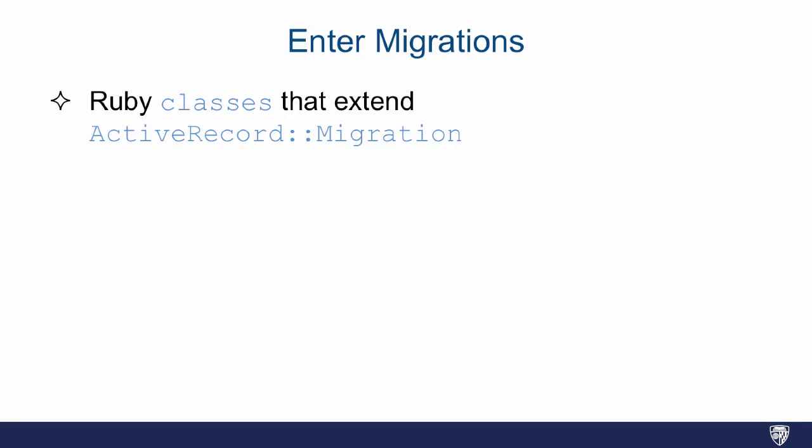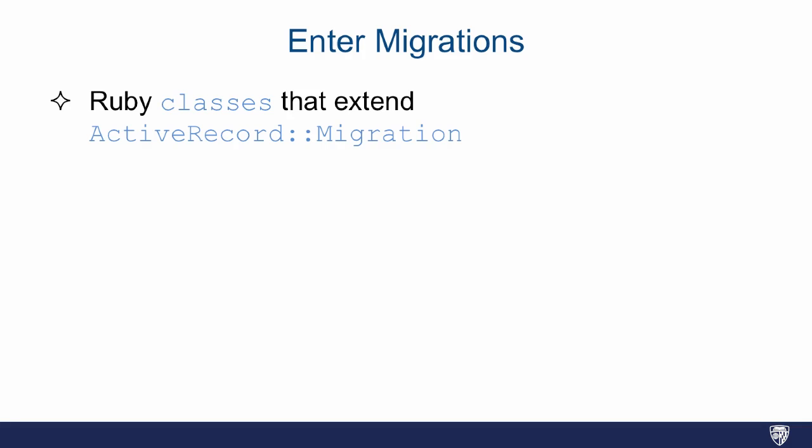So to avoid the two issues that I just mentioned, number one, the issue of agility and things constantly changing, as well as locking yourself into a specific SQL dialect, the way Rails or Active Record handles database changes is through this thing called migrations.